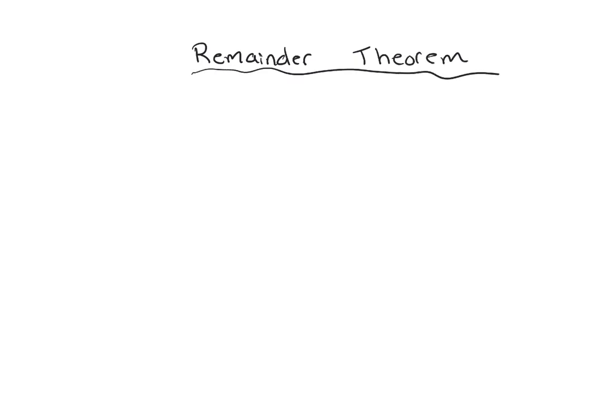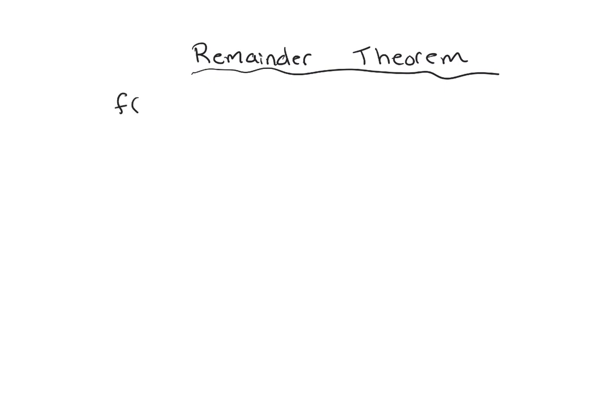Okay, so the next thing is kind of cool. It is called the remainder theorem, and it's another method for evaluating polynomials. So it starts out looking just like our beginning problem.